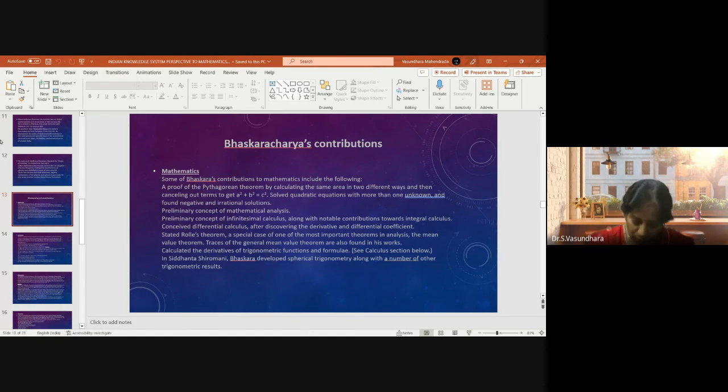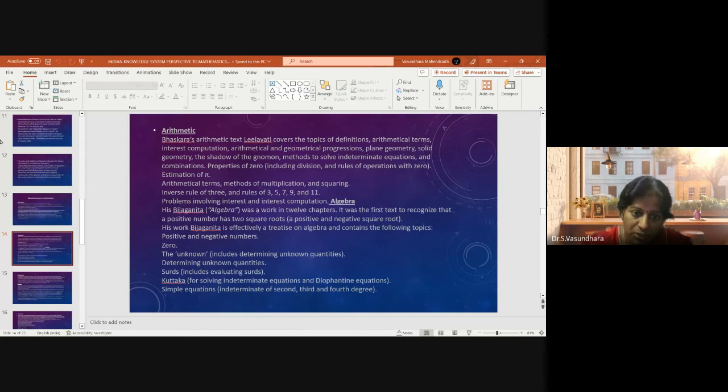To simplify such situations, the multiplication and squaring inverse rules can also be taken. Another grantha of Bhaskaracharya, the Bija Ganita, explains algebra effectively and contains topics related to zero as well as negative numbers.